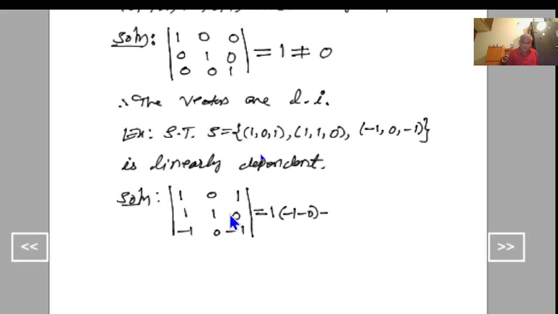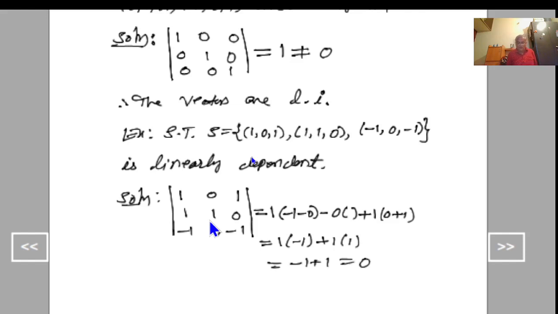Next, minus 0 into anything becomes 0, plus 1 into this into this minus this into this. This into this is 0. Minus of minus is plus 1. 0 plus 1. This is equal to 1 into -1 plus 1 into 1. This is equal to -1 + 1, which is equal to 0.